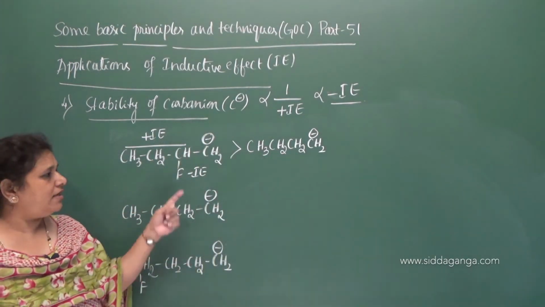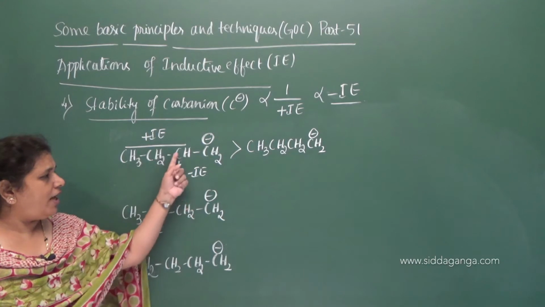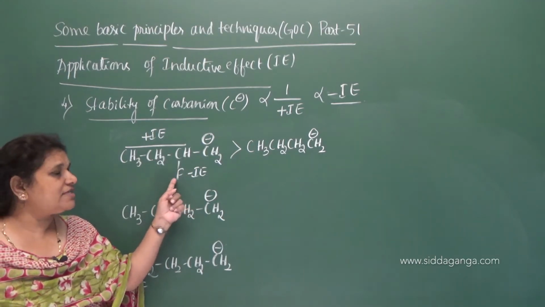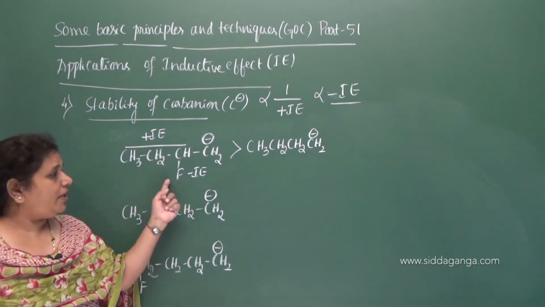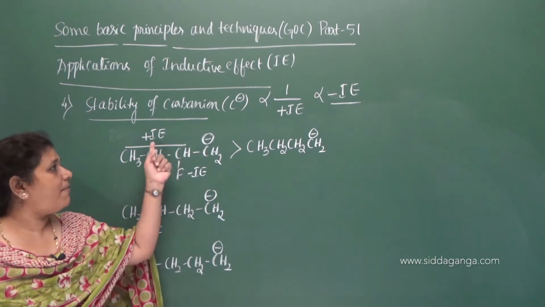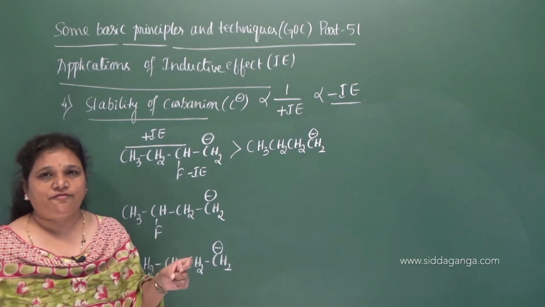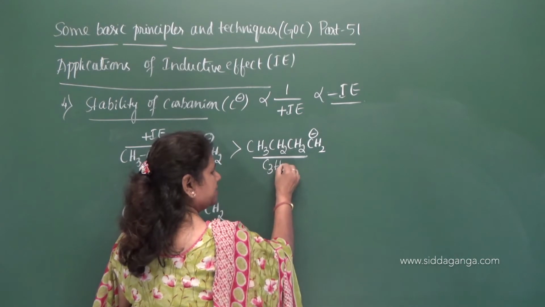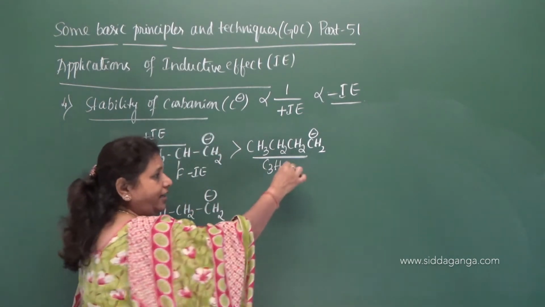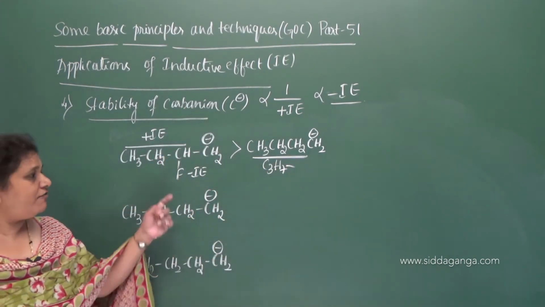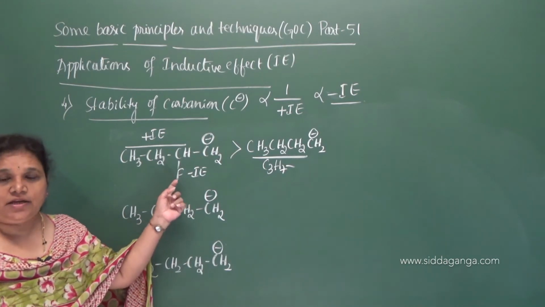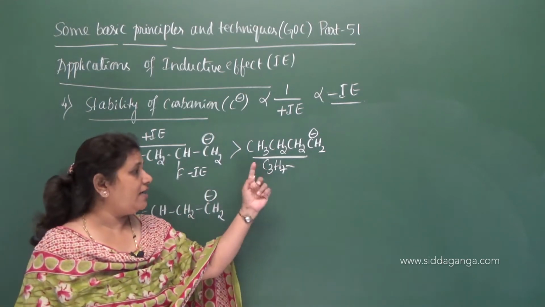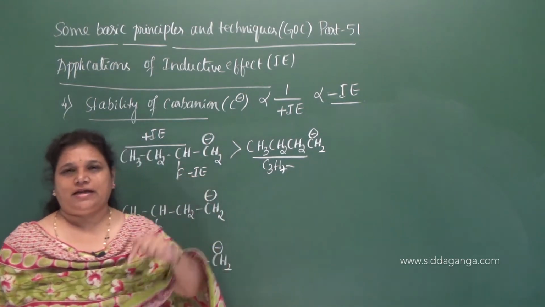The reason is that one hydrogen atom is replaced by fluorine, which exerts a negative inductive effect. When it exerts a negative inductive effect, the magnitude of the positive inductive effect given by this group, what is this group? C3H7, propyl group, decreases. So due to the presence of fluorine, which exerts a negative inductive effect, the magnitude of the positive inductive effect exerted by the propyl group decreases.